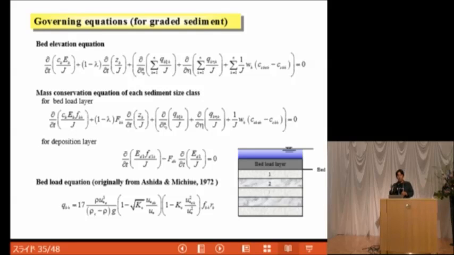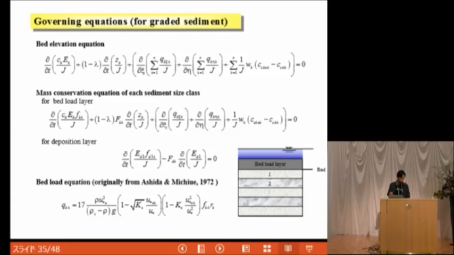Maybe Nuntio will talk about the model of the graded material, so I'll skip this today. Today Annika talks about the stratigraphy, and this model can also reproduce the stratigraphy because we set many layers below the bed surface.